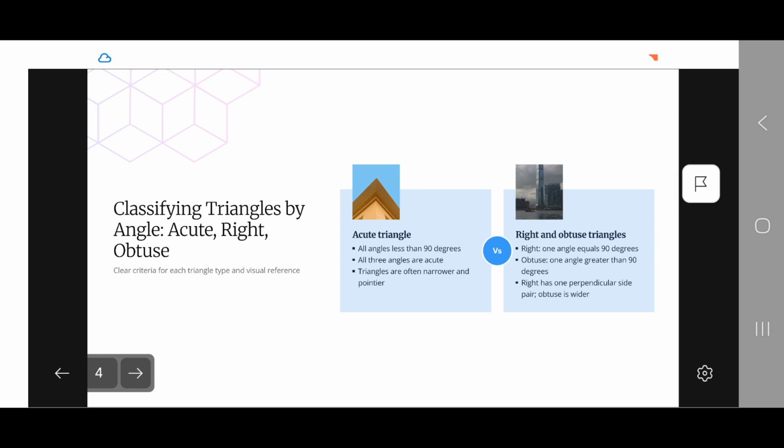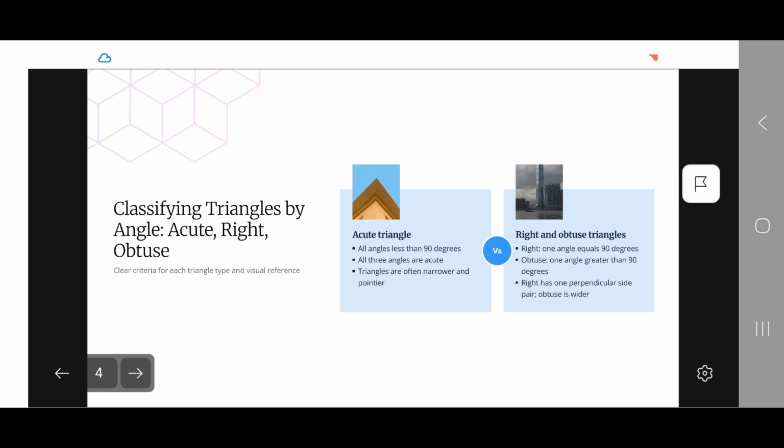Okay. So now classifying triangles by angle. So acute angle: all angles have to be less than 90 degrees. So, for example, all angles are acute.